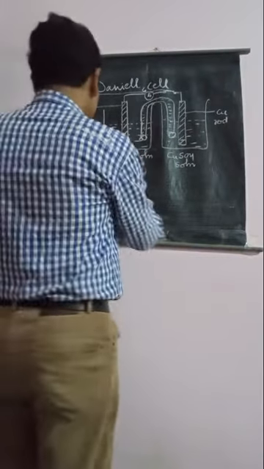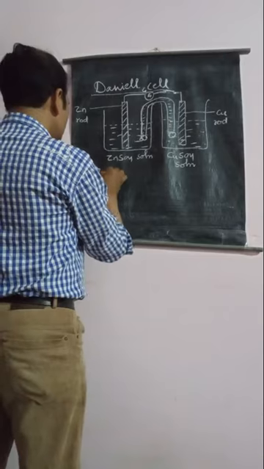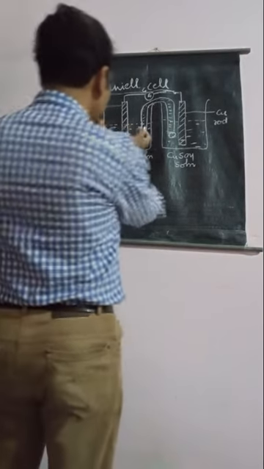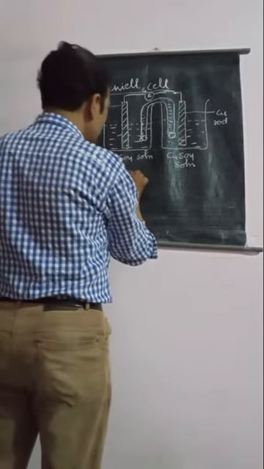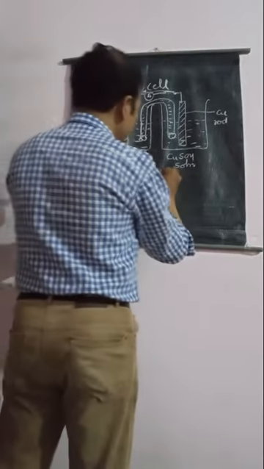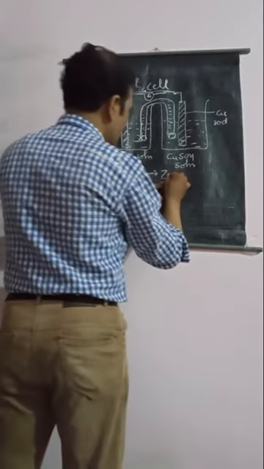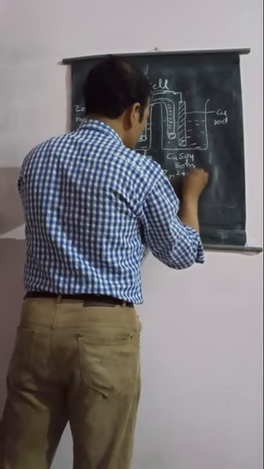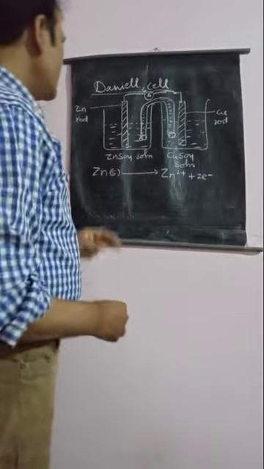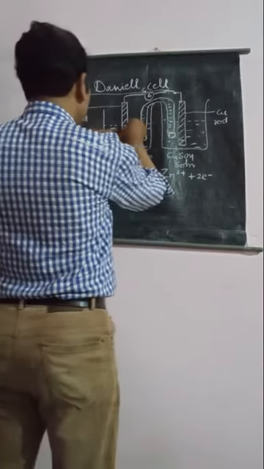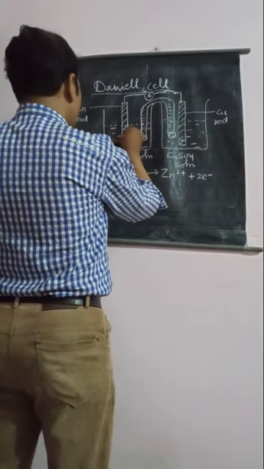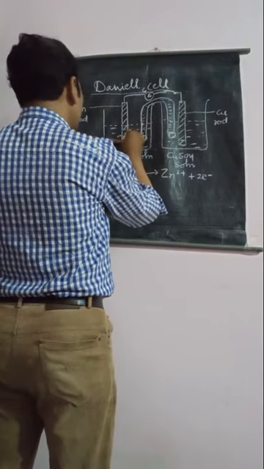So here the zinc which is present in solid state in this electrode will show oxidation. The oxidation half reaction of zinc will take place at this electrode. So it will convert into Zn2+ ion, and 2 electrons will be released here. These electrons will come to the zinc rod and deposit here in this manner.